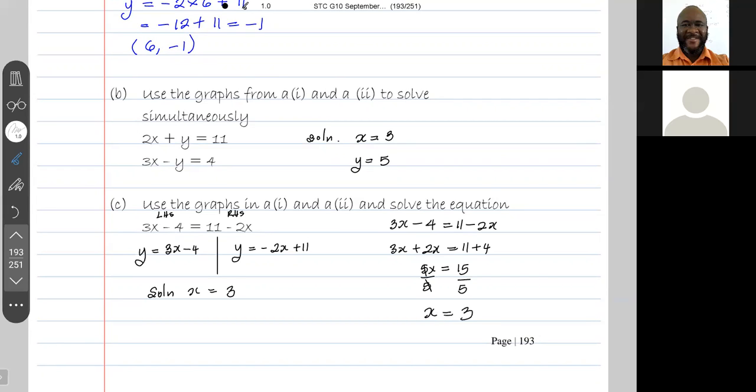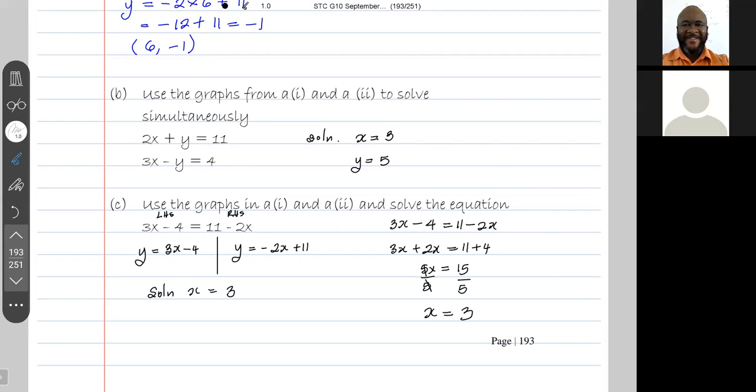Using graph, x is equal to 3. To use graph to solve an equation, you must draw the graph of the left-hand side of the equation, draw the graph of the right-hand side of the equation. The solution is the value of x where the two graphs meet.